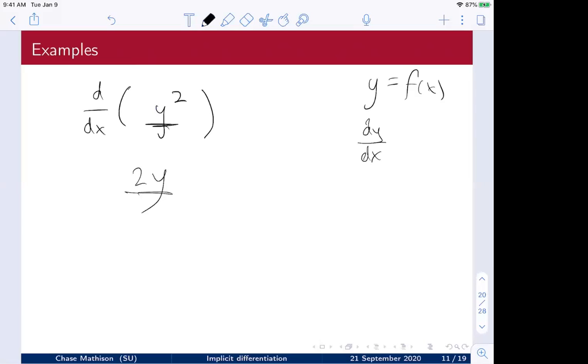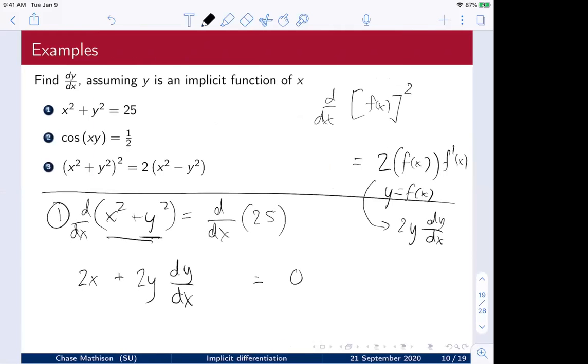The inside function is just y itself. So you could also write f prime, or y prime. If this was just an x, then yes, 2x. But because it's a function of x, we get 2 times the function times its derivative. Okay?